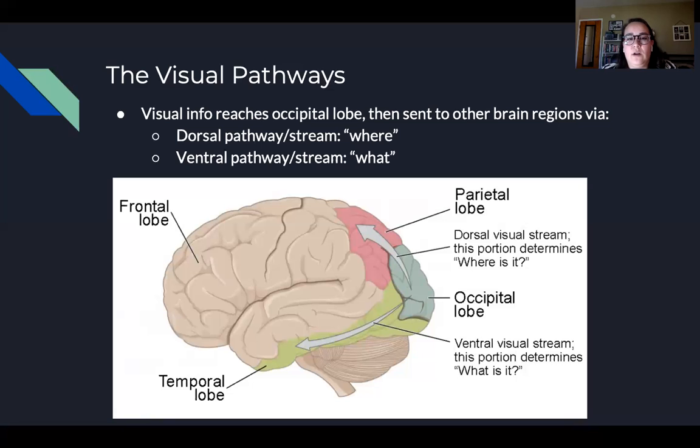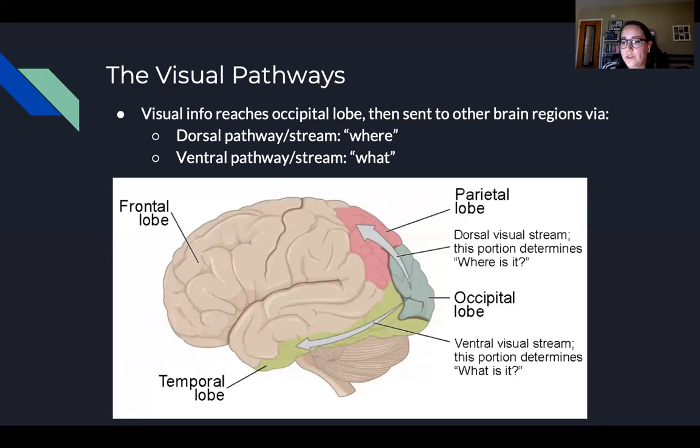Not to get too detailed at this point, but say there's damage in the temporal lobe, in some of the structures involved in the ventral stream, the what processing. There's going to be a communication breakdown there because the networks in that area, the collection of cells, have been disrupted because of the damage.